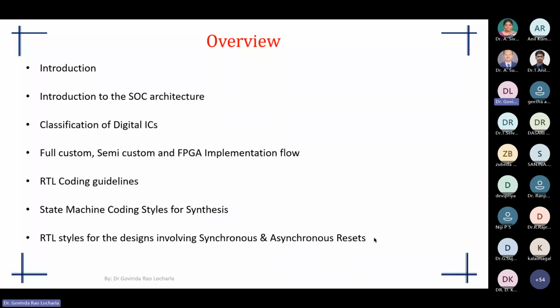So this is the overview. We are going to organize this session like this: an introduction to the SoC architecture, classification of ICs, full custom, semi-custom, and FPGA implementation flows, RTL coding techniques and related state machine coding styles, and some other design techniques related to synchronous and asynchronous reset implementations.